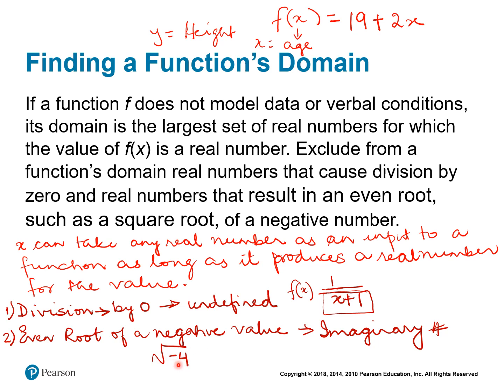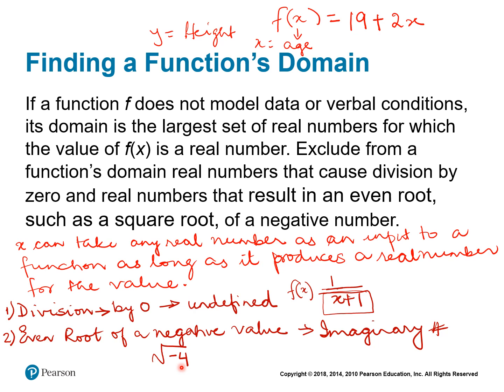So when the function has a square root or any even root, we have to make sure that what we have under the radical sign is not a negative value. It can be 0 or greater than 0, but not a negative value. Now, if it is an odd root, like a cube root or fifth root or seventh root, the radicand can be a negative value.